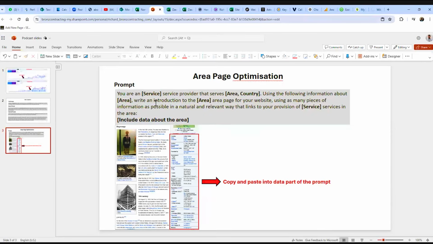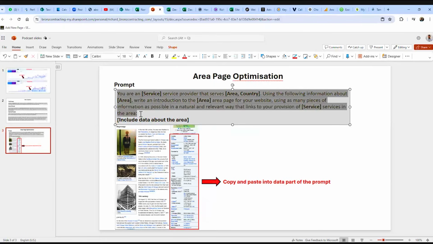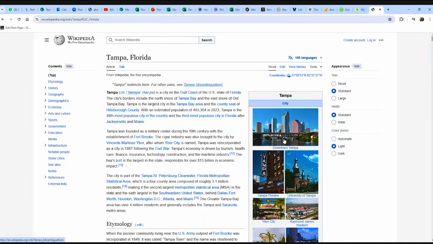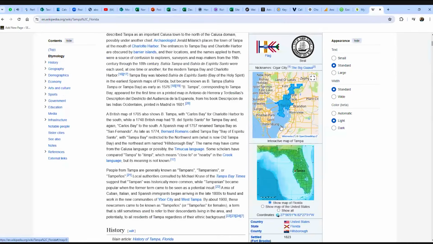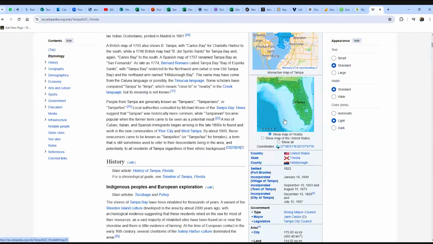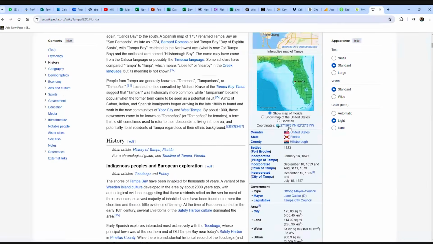I'll just go and copy the prompt. Okay, so you can see we've got this. Here we go. We've got this information down the side here. So quite a lot here. Right.